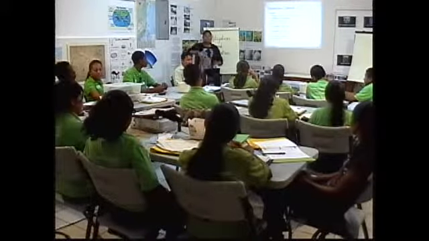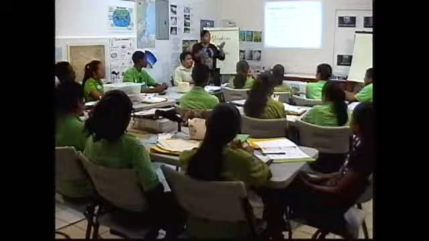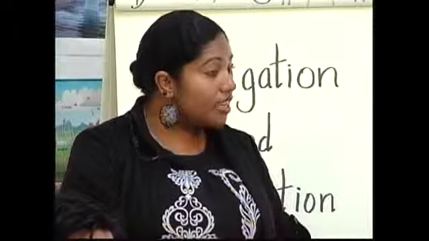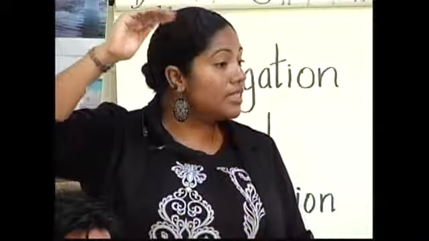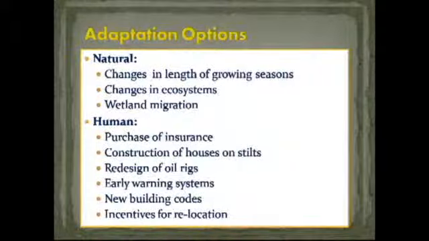Higher houses that are on piles, right? So instead of building bungalow houses, right, houses that are flat or maybe just 4 feet off the ground, we might have to start to build houses that are much taller and that are on stilts, so that when flooding occurs, we don't get affected as much.